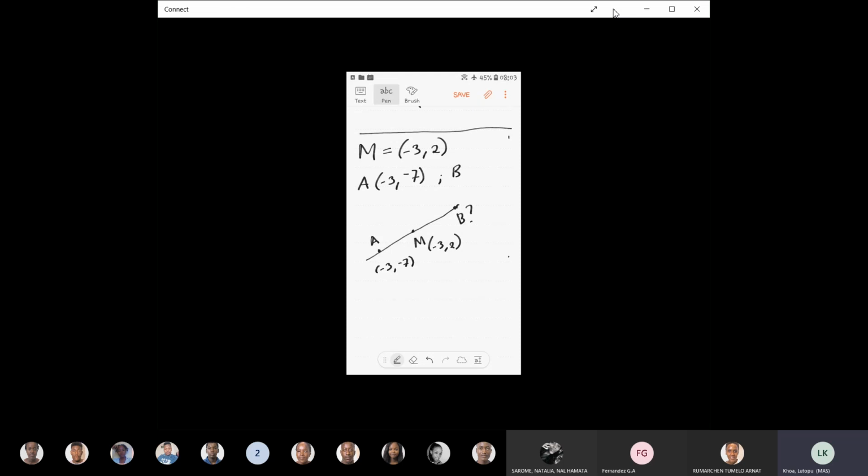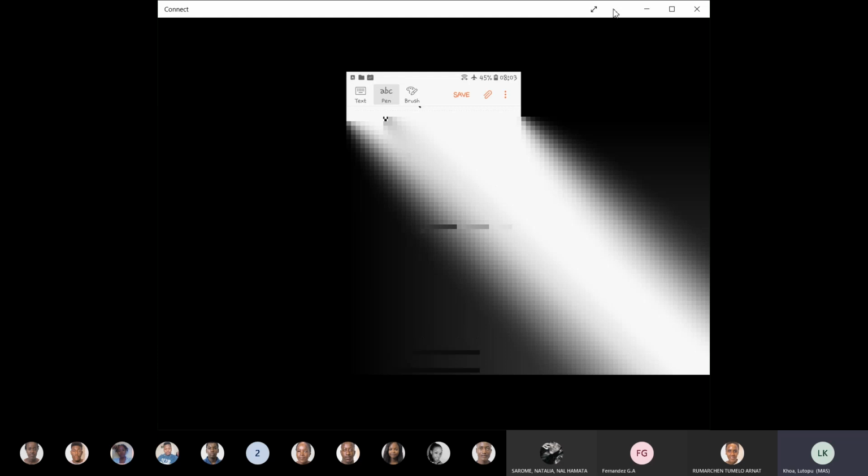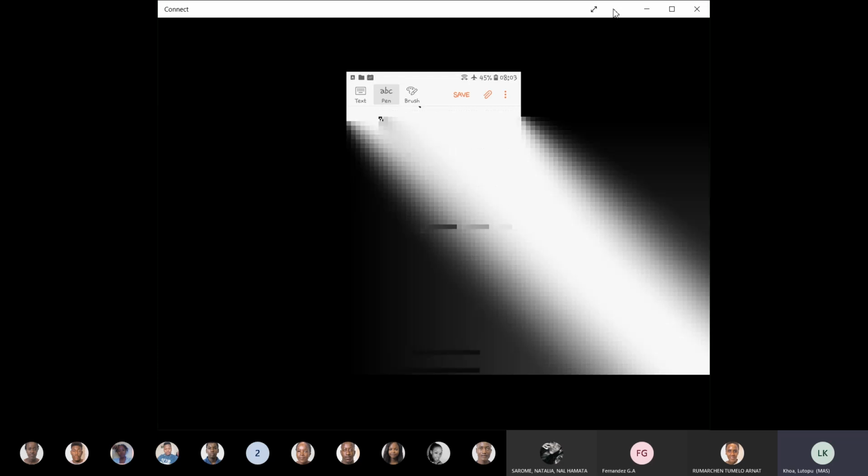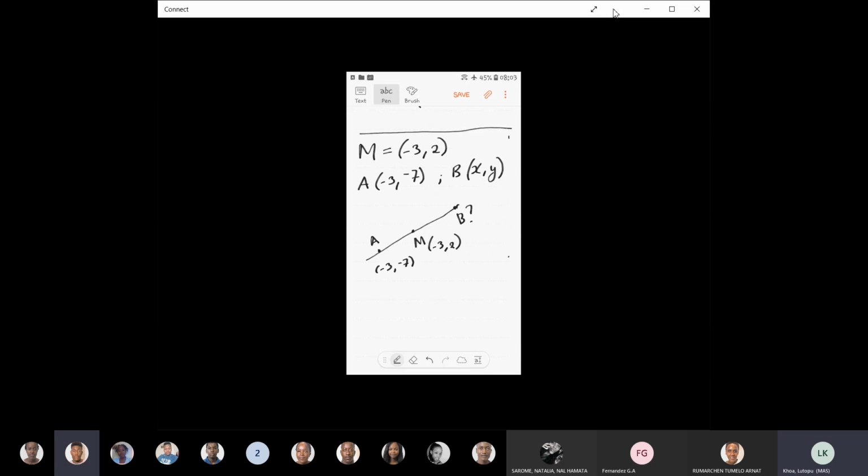Now you're asked to find out what B is equal to. Now this, again, you just use the midpoint formula. So B, since you don't know what its coordinates are, you will just call it (x, y). Then you use the formula as usual.